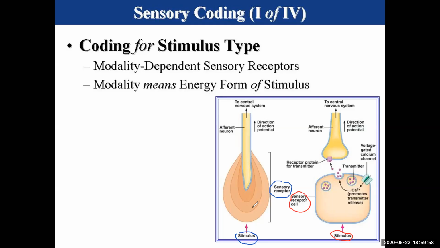The mechanical vibration detected by the Pacinian corpuscle would not be detected by the taste receptor on your tongue. So not only do you need the presence of stimulus, but you need to have a compatible receptor that is capable of recognizing and being activated by that modality.